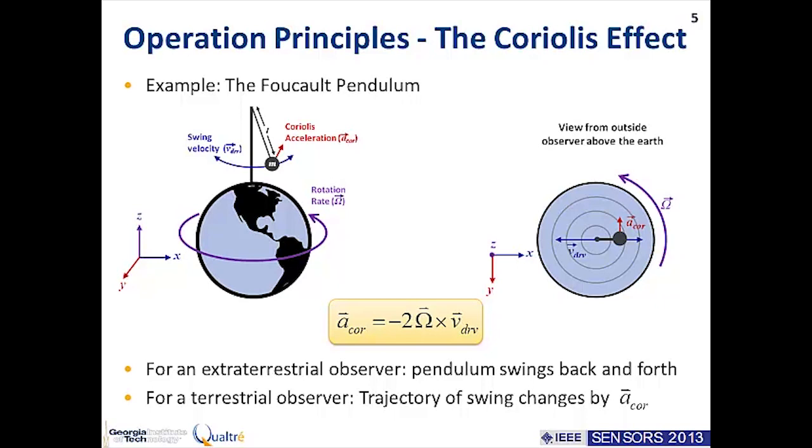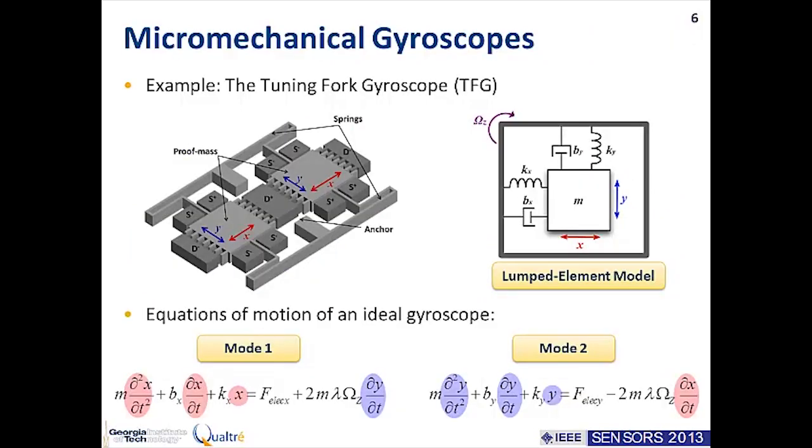The reason it's important to describe things in terms of two sets of oscillation about the x-axis and the y-axis, with any motion in between described by a linear combination of these two modes, is that's exactly how we usually design MEMS structures.